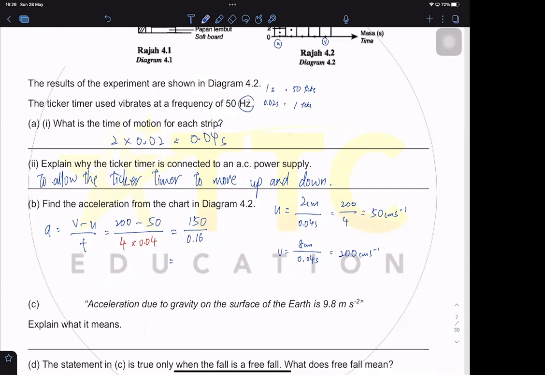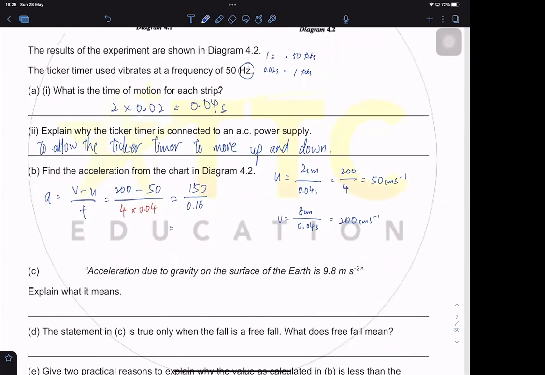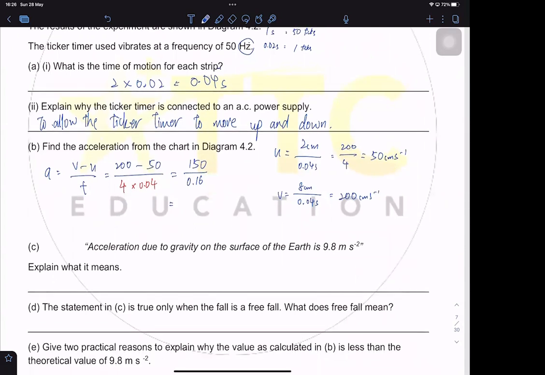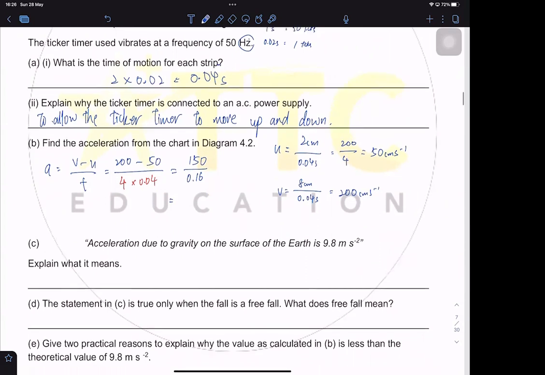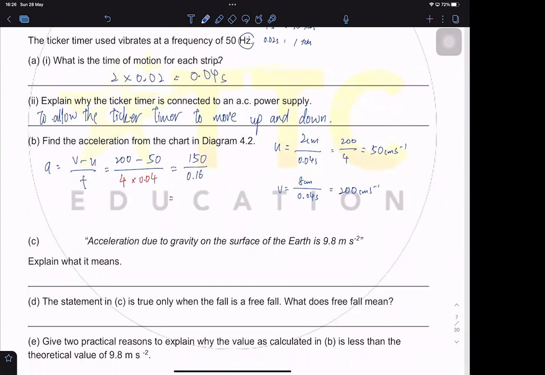Your phone can calculate. 150 divided by 0.16 is 937.5.